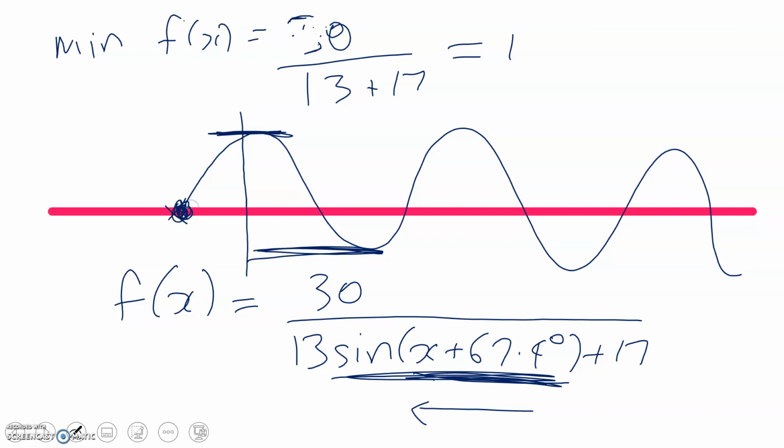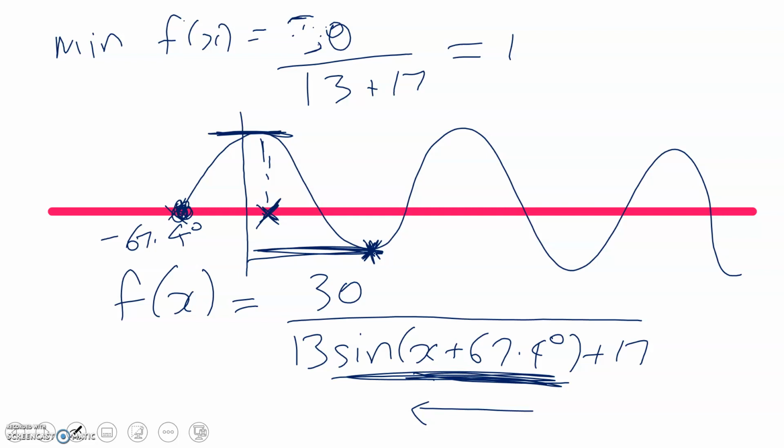Now we know by the features of the sine curve that if this is at negative 67.4 degrees, then this is going to happen 90 degrees on. And here, this is going to be another 180 up from there.